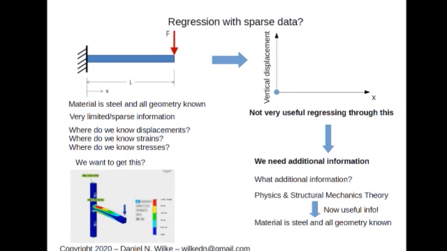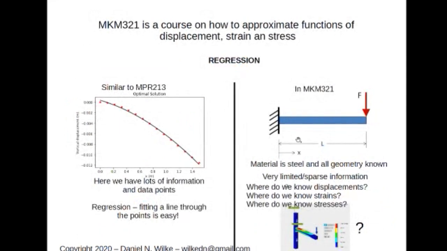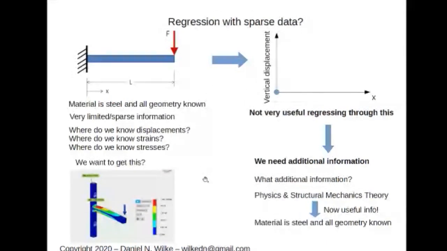Essentially, what they did was try to understand, with very limited information, how to build functions that tell me what's going on. If I supply that little bit of information with an understanding of the problem and with writing down some closed form solutions, we can fill up the rest, so that with only limited information we can tell you what that black line is, what the displacement is anywhere, what the strain is anywhere, what the stress is anywhere.